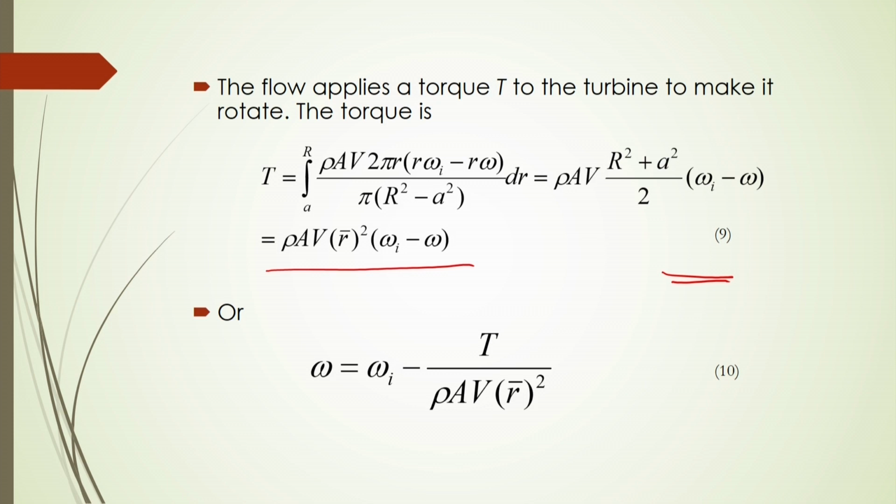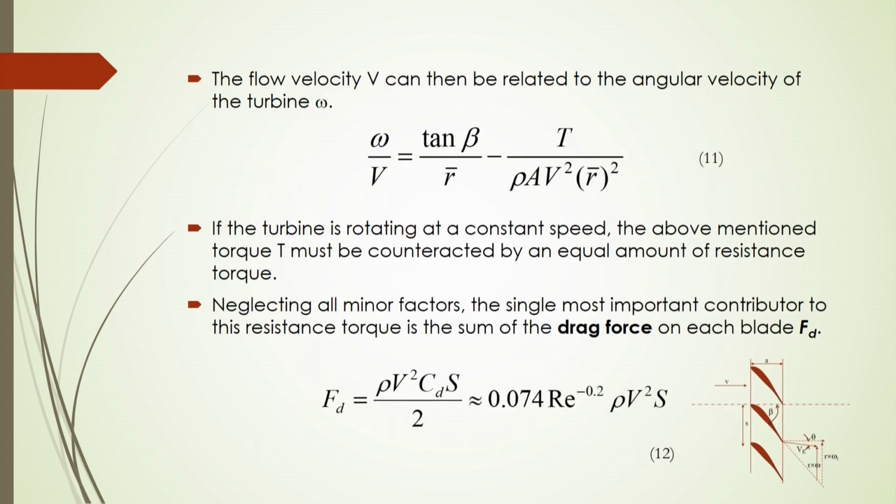Once you know the torque, the angular velocity of the turbine meter is equal to the ideal angular velocity minus the torque divided by rho A V R bar square. So, from this equation you can get the angular velocity of this turbine meter.